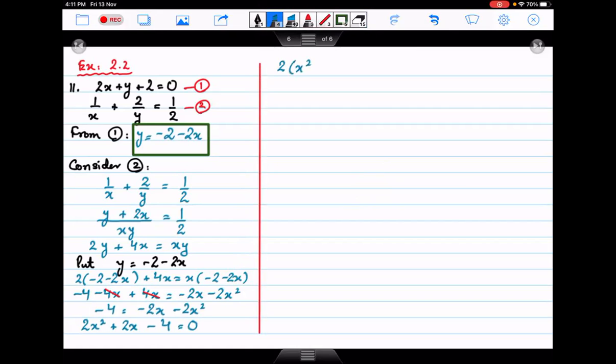So it should become x squared plus x minus 2 equals to 0. And by dividing the whole by 2, I will get the equation x squared plus x minus 2 equals to 0. So now it has become a quadratic equation. We must solve it by using the quadratic formula or by using the middle term break.